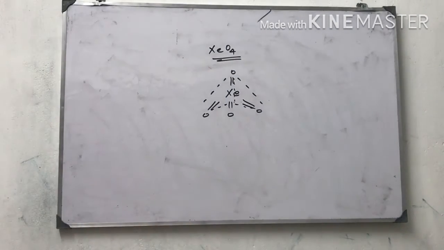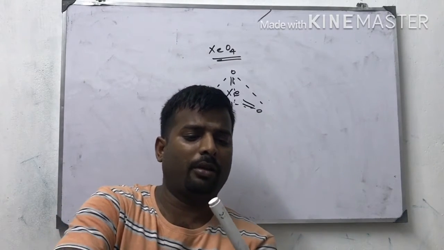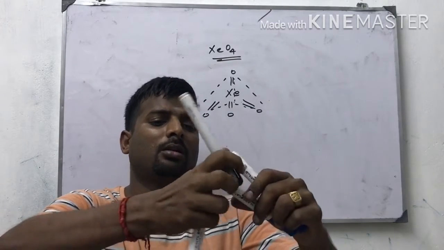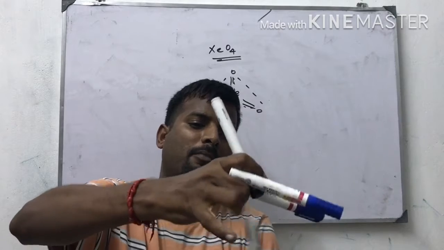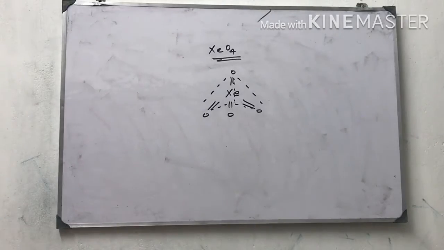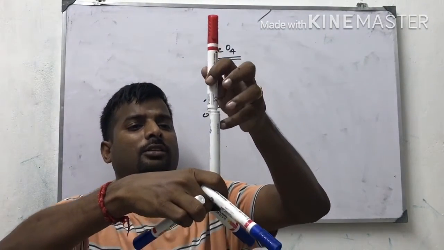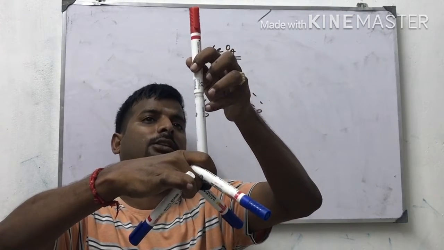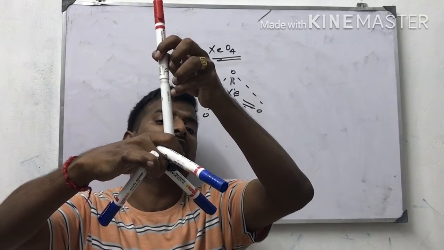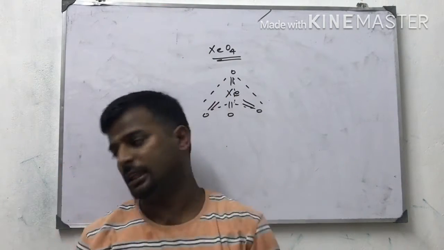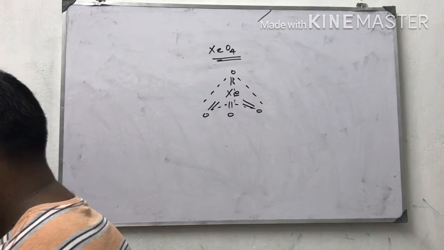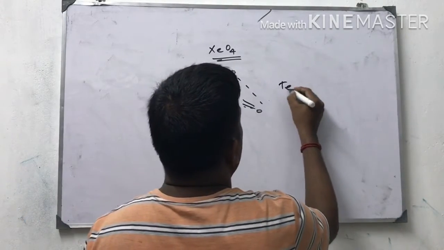Here the xenon is surrounded by 3 oxygens at the bottom and 1 at the top. At the top, one more oxygen is there, like this. So this is xenon. The bottom 3 oxygens, at the top 1 oxygen, therefore 4 oxygens. These oxygens are present at the corners, therefore it is tetrahedral in shape.